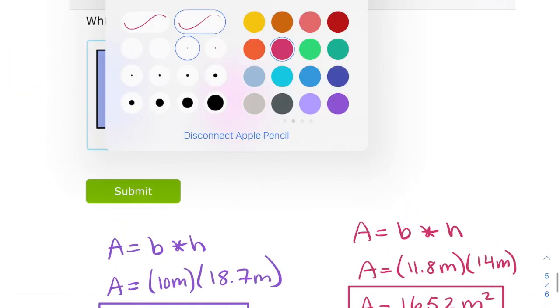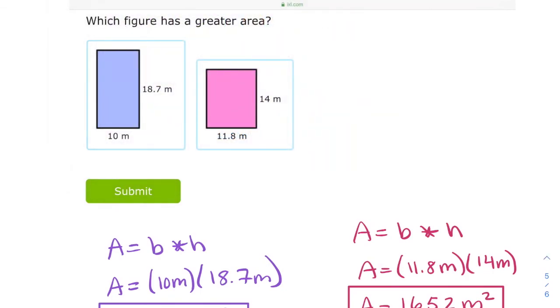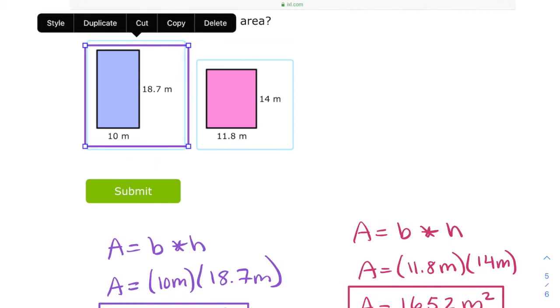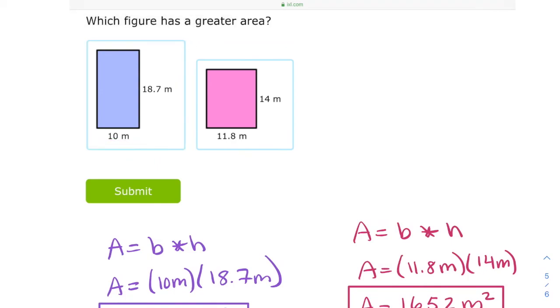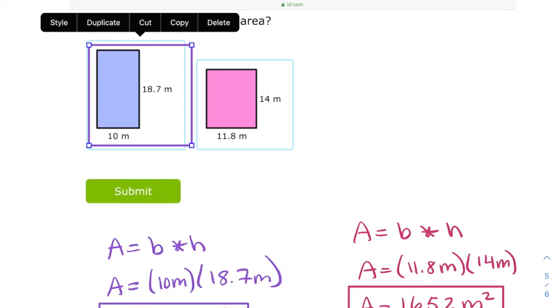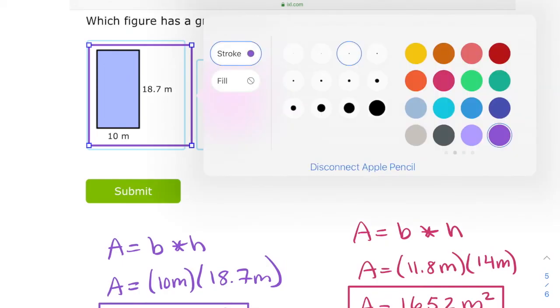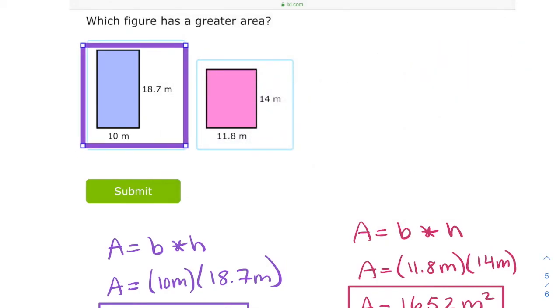Well, it appears that the one in this purplish blue, whoa, it made that into a square, and I want it to be a rectangle. Oh well. That one has the greater area.